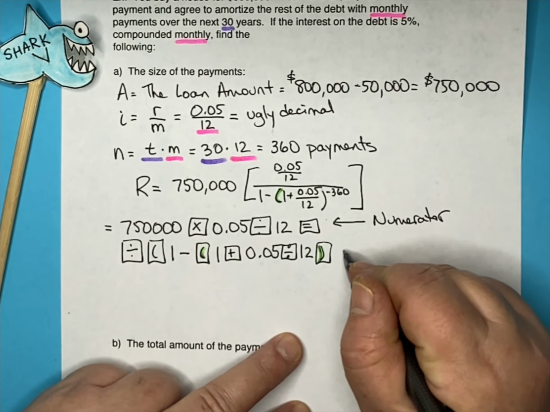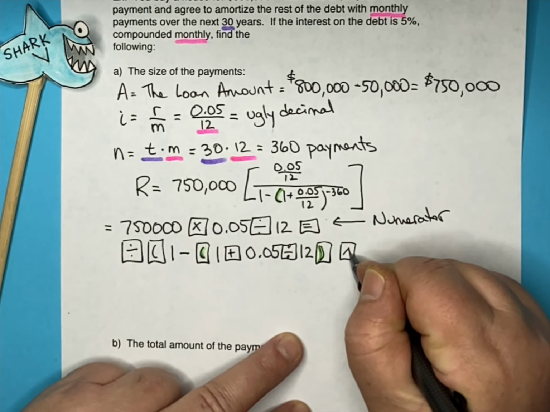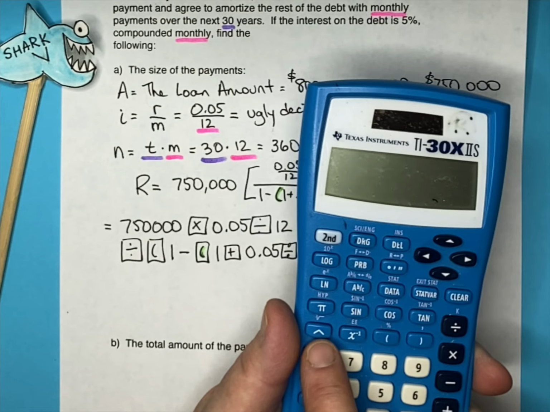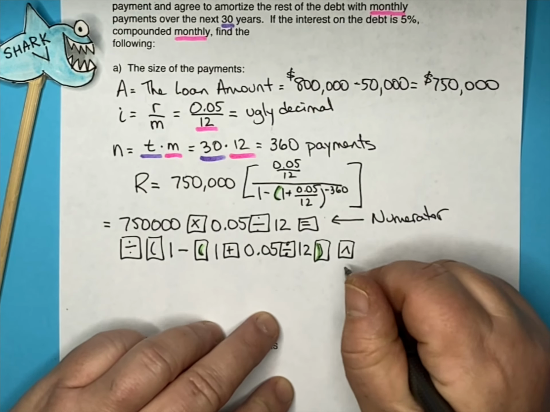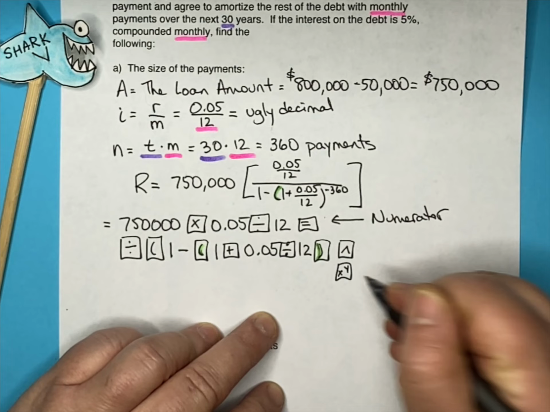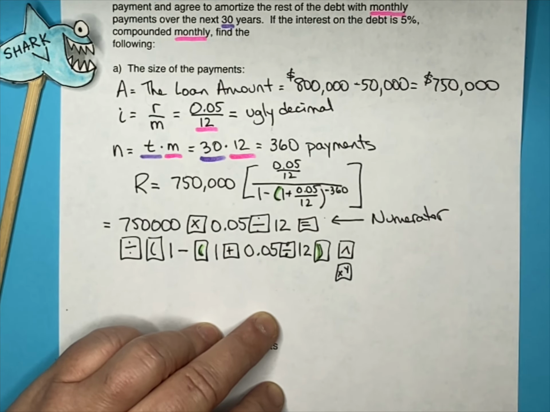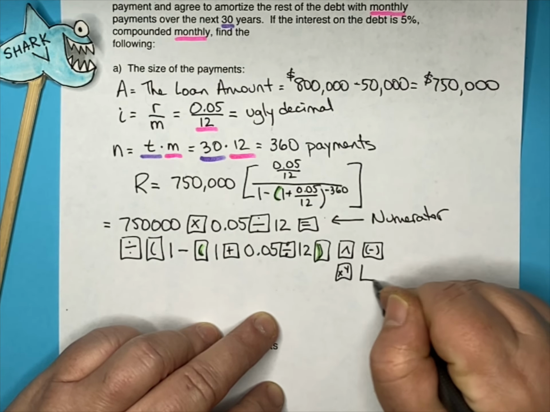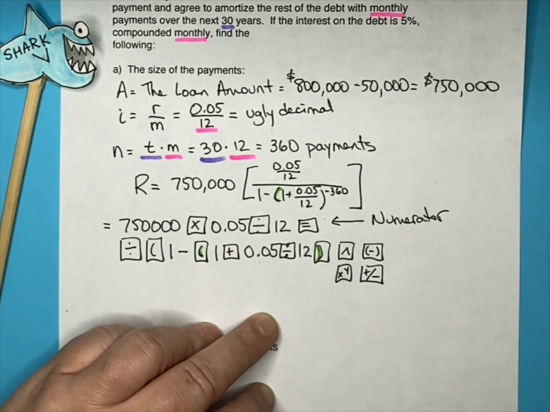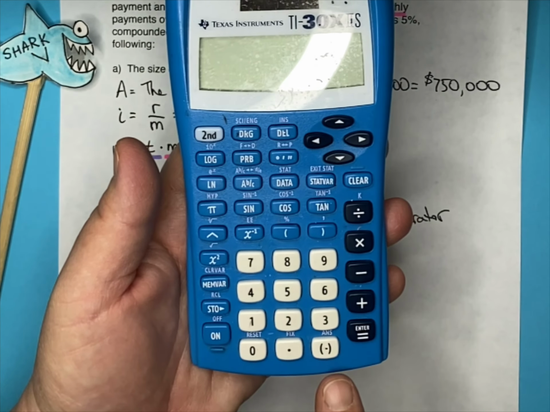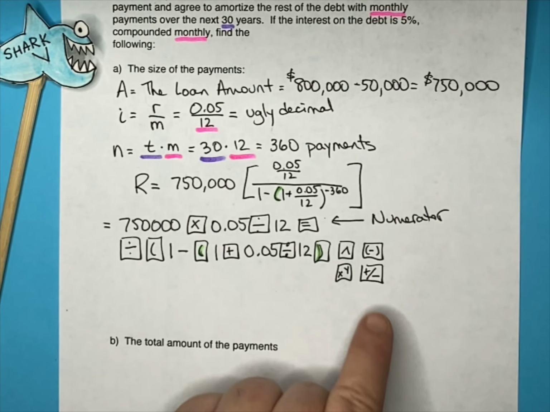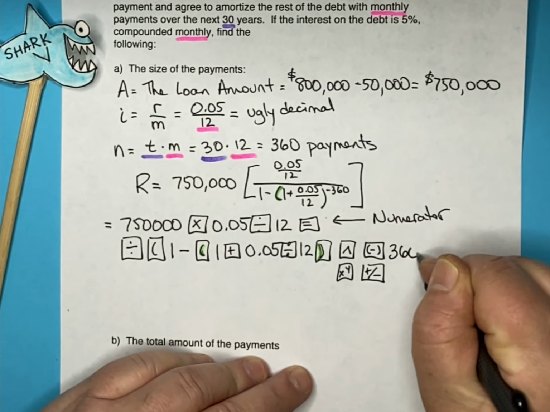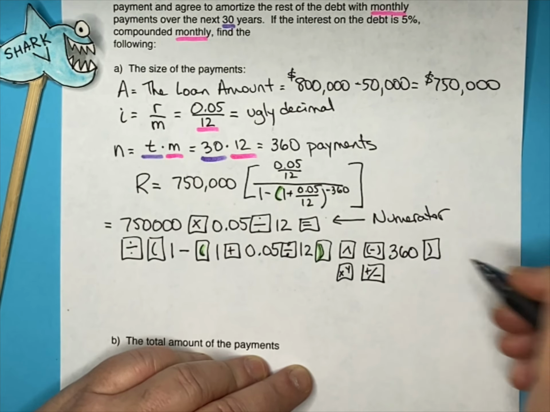Now, next up, on some calculators you're going to be looking for a key that looks like this. That's the exponent key. Or you may have an x to the y key or a y to the x. And then you're going to use the opposite key. Now, there are a couple ways that this looks. Sometimes, like on this calculator, it looks like a minus inside parentheses, and sometimes it looks like a plus or minus. You have to change the sign, and then 360, close the parenthesis.